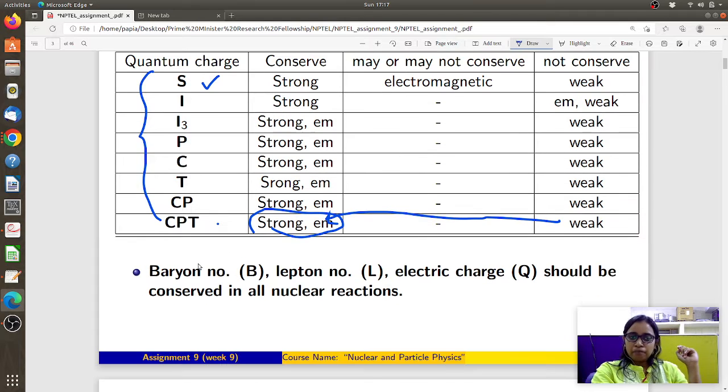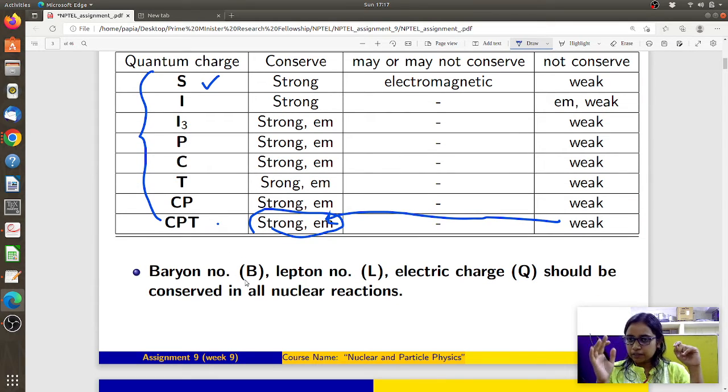And I have also made a note here that baryon number, lepton number and electric charge, all three should be conserved in all nuclear reactions. It is like a universal truth that baryon number, lepton number and electric charge should be conserved in all the nuclear reactions.